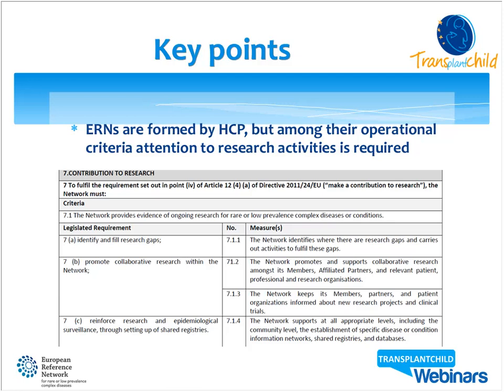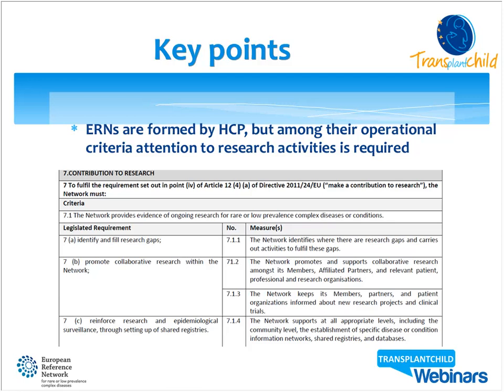This is important because this is just a summary of all the documentation that we have to satisfy, as I said before, established by the European Union. As you see, any ERN must provide evidence of ongoing research for rare or low-prevalence complex diseases or conditions.